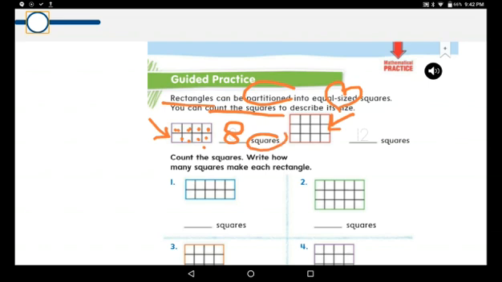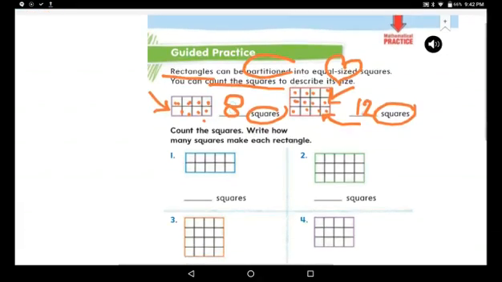How many squares? Let's count: 1, 2, 3, 4, 5, 6, 7, 8, 9, 10, 11, 12. So 12 equal sized squares are used to cover this rectangle, right?